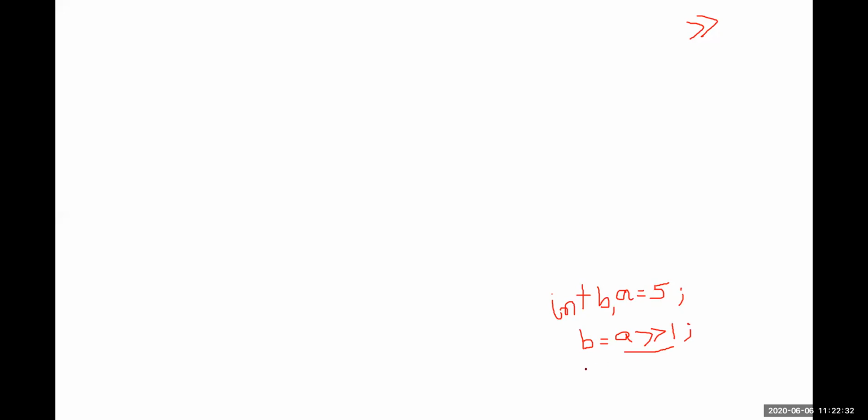The number of bits which you have will be shifted towards the right side. Normally, this is the actual integer which is being occupied: 16 bits of space get occupied. Let me take only the last 4 bits, because to store a we require only the last 4 bits.